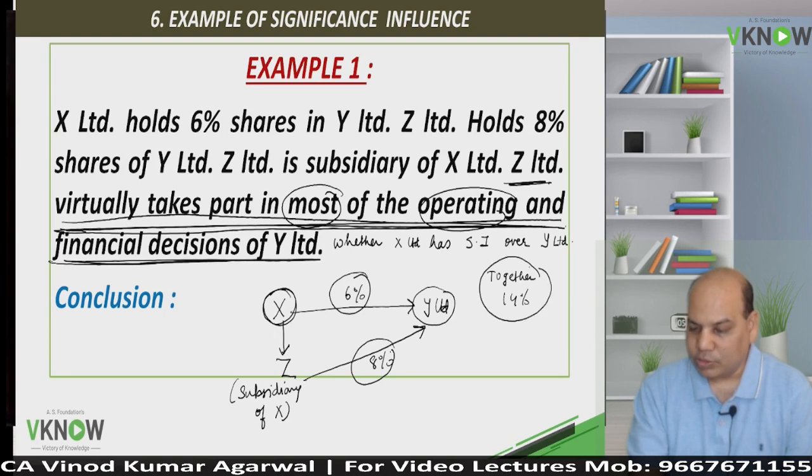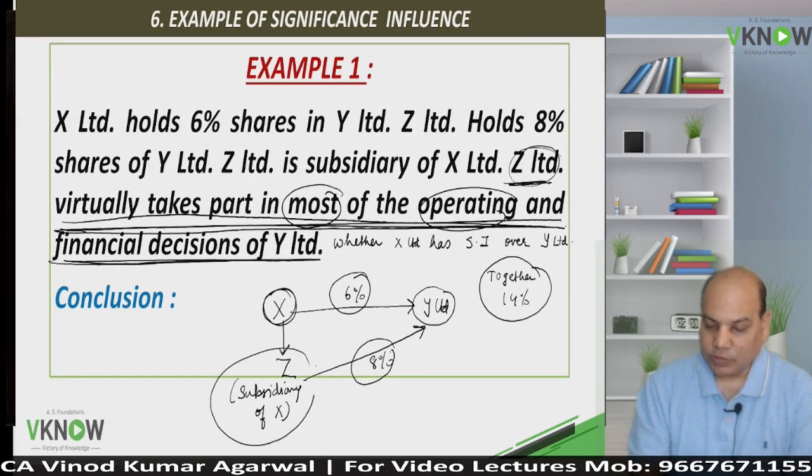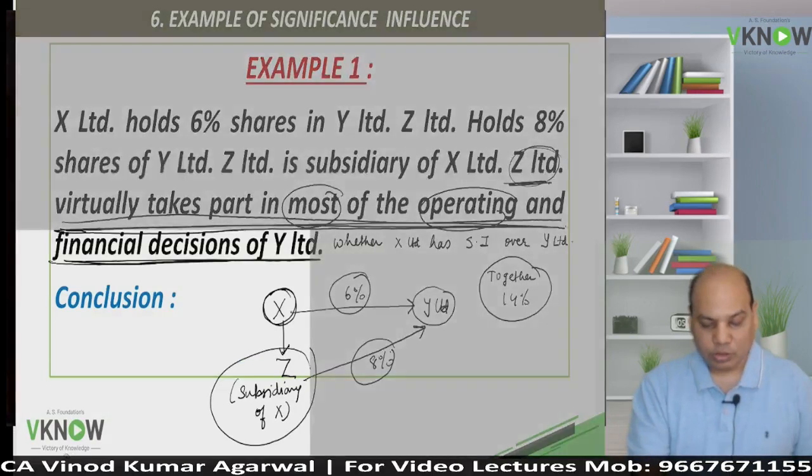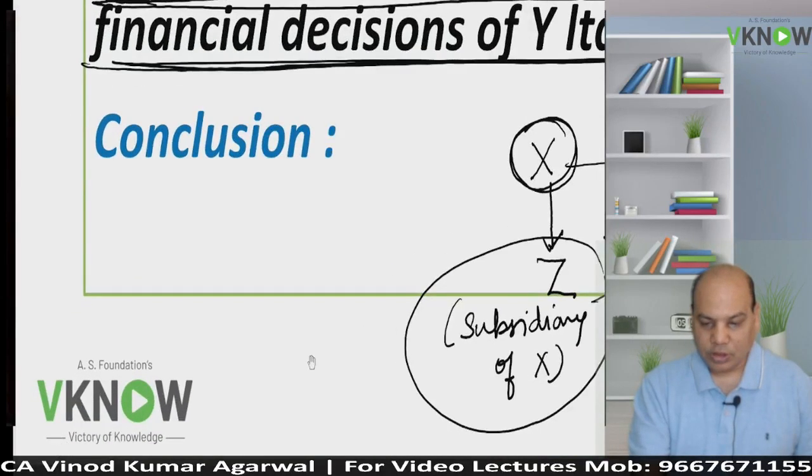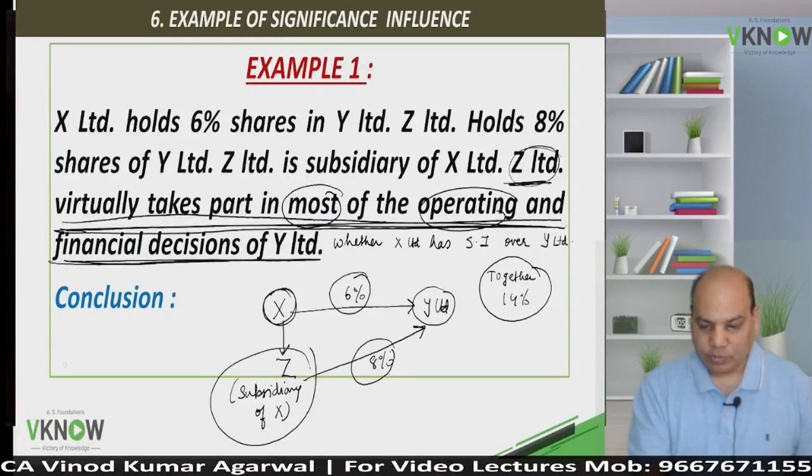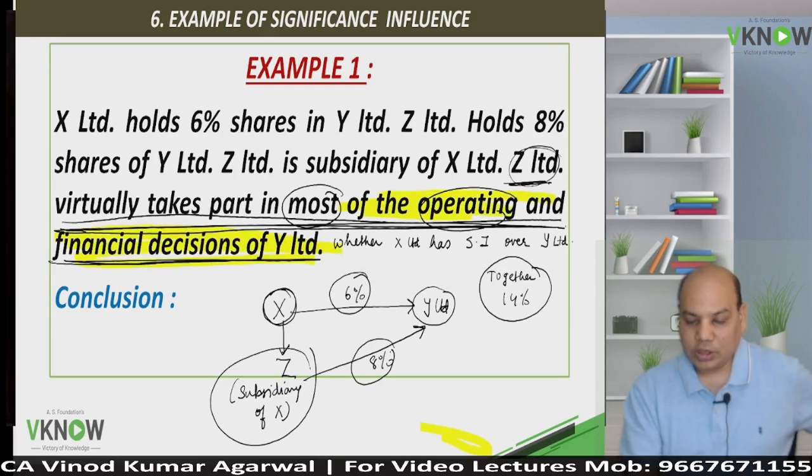It is less than 20%. But still, Z, which is a subsidiary of X, is able to participate in most of the policy making process, in most of the operating and financial decisions of Y. Can I conclude that X Limited is in a position to exercise significant influence over Y? The answer is yes.